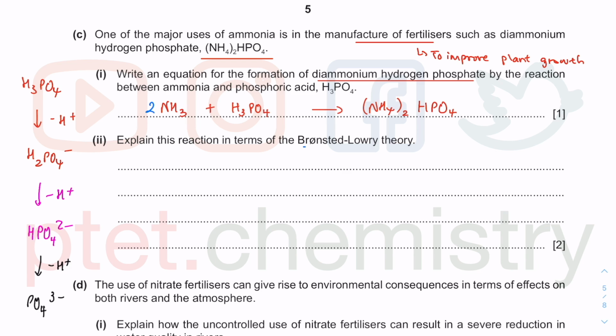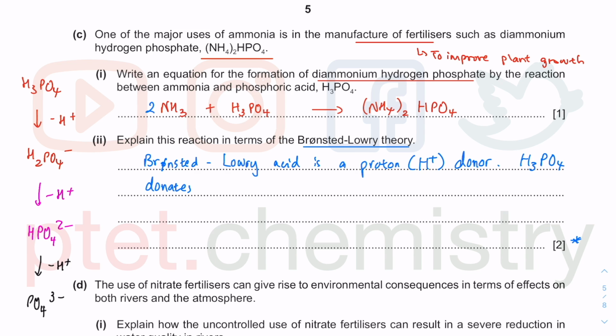Now explain this reaction in terms of Brønsted-Lowry theory for 2 marks. So we need to say what a Brønsted-Lowry acid is and what a Brønsted-Lowry base is. A Brønsted-Lowry acid is a proton or H+ donor, as stated in the syllabus. We can see that H3PO4 donates 2 protons, donates 2 H+ to become HPO4 2 minus.